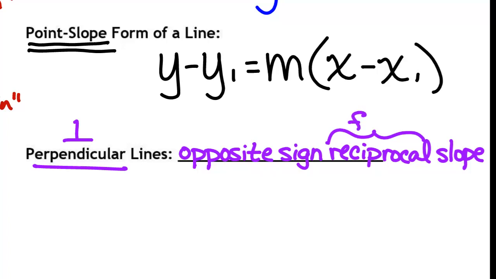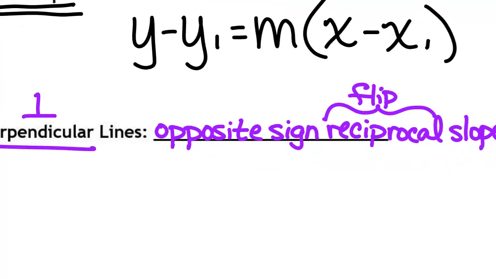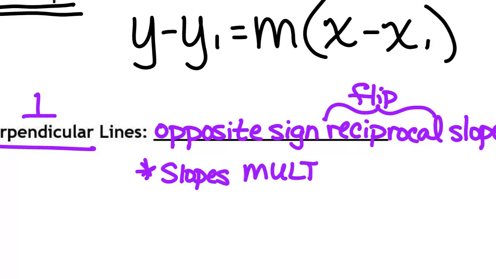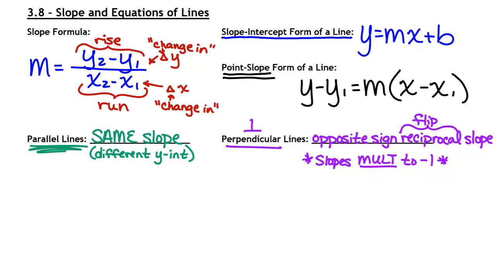Reciprocal means we are going to flip our fraction. My perpendicular slopes, when I multiply them together, will multiply to -1.